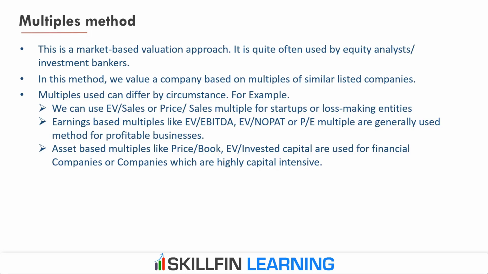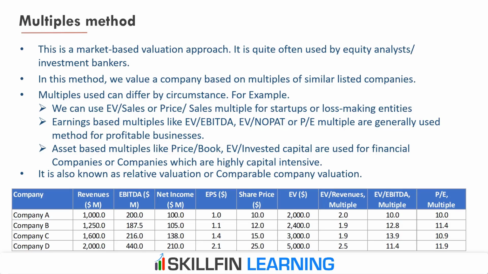The earnings based multiples are EV EBITDA, EV NOPAT, PE multiples, etc. Asset based multiples like price to book or EV to invested capital are used for financial companies or companies which are highly capital intensive. This method is also called the relative valuation or comparable company valuation because it is based on data or valuation of other companies.